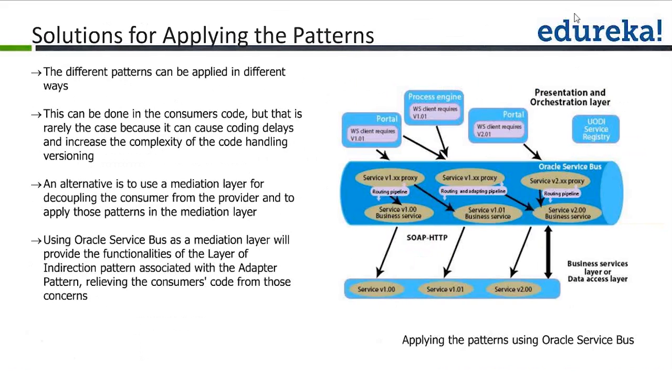It will take the original request from you and proxy it in such a way that it is as per the requirement of version 2.x, and send that request to the 2.0 provider. It will take the response back, do the proxy on your response again, and give it back to the client.